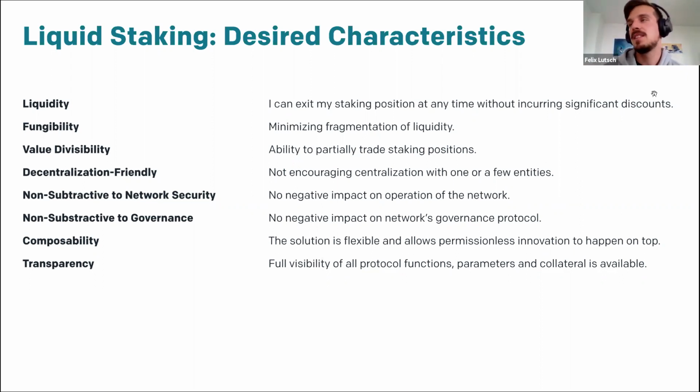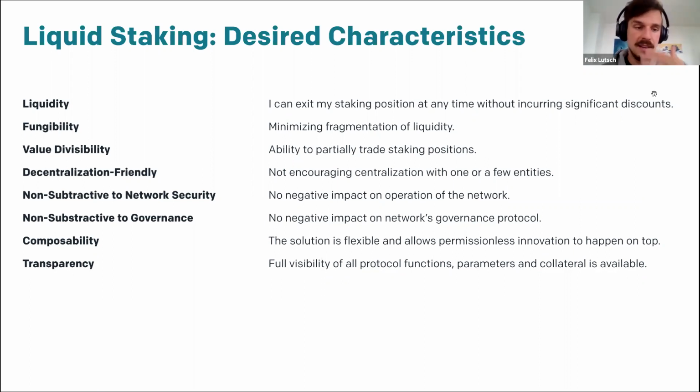I can maybe sell just one atom out of the 500 I have by just selling a portion of my tokenized stake. Then there are some things more related to network operations: decentralization friendly, non-subjective to network security, non-subjective to governance. So ideally the solution wouldn't impact these things, how the networks work, or at least not make them much worse.